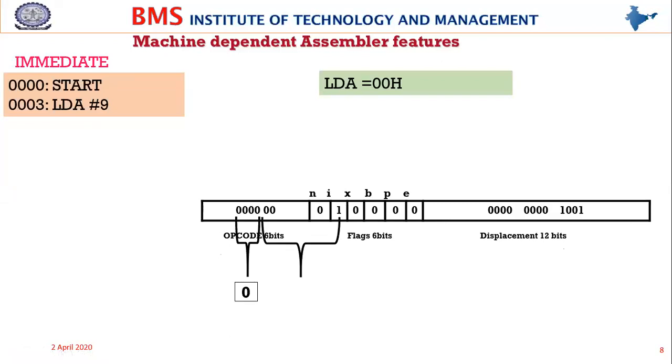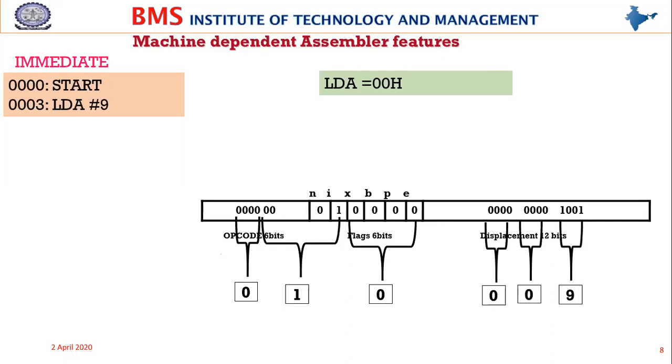So the first 4 bits when I group, I get 0. For the next 4 bits, I didn't tell you about this because the immediate is different. We spoke just about our PC relative and base relative, which has only 4 values that are positive, right? And the next 4 bits when grouped give 1. Next I get 0, then 0, then 0, then 9.